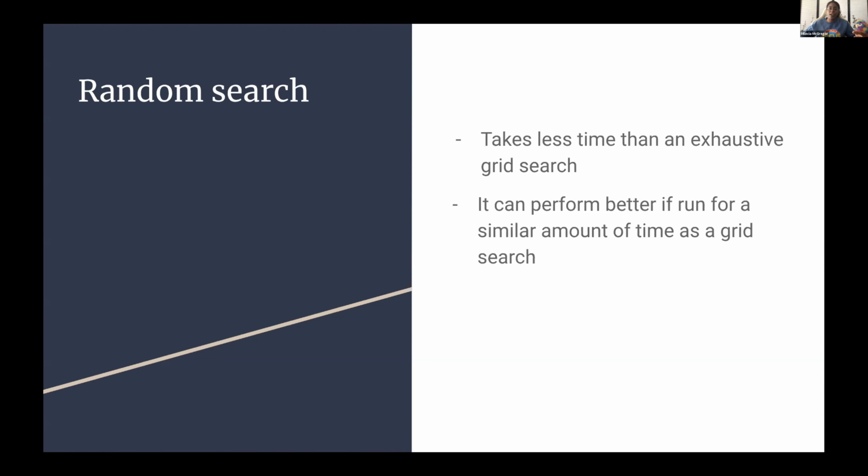It's just gonna hop around all of those values and give you almost a random sampling of what combinations you can get from those values. And a lot of times, if you run a random search for the same amount of time as a grid search, you'll likely converge on an optimum faster just because you get a wider range of values.